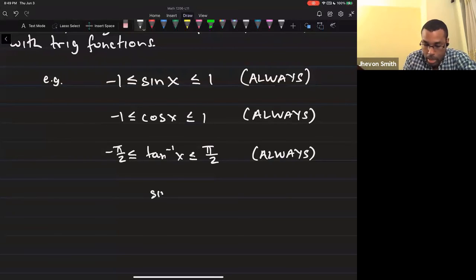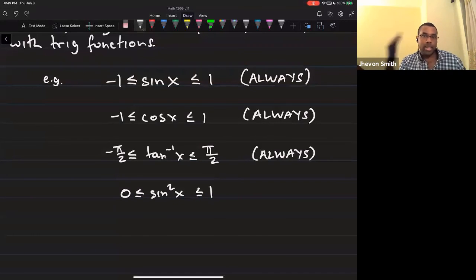I can know that, for example, if I were to square the sine function, then of course that would be bounded here, right? Because you won't have the negative side anymore. But the idea is if these trig functions show up, I automatically know that I can put something on either side. So I can kind of get that for free.